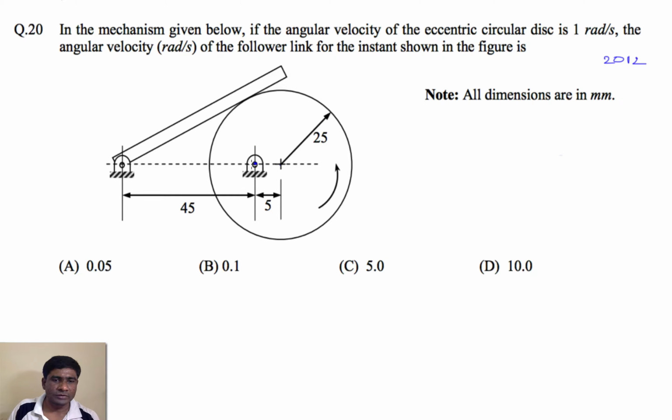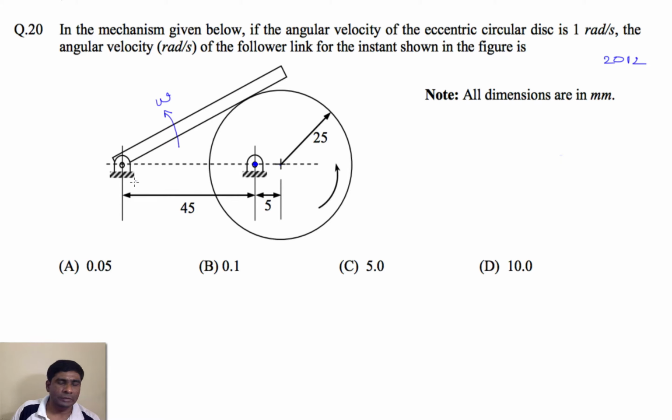That means it's fixed not at the center but here. And the follower link will rotate like this up to a certain distance and come back again. So what is the omega of this one?